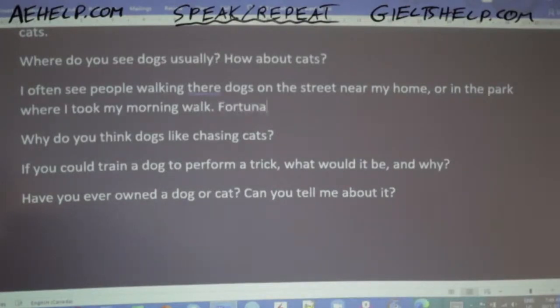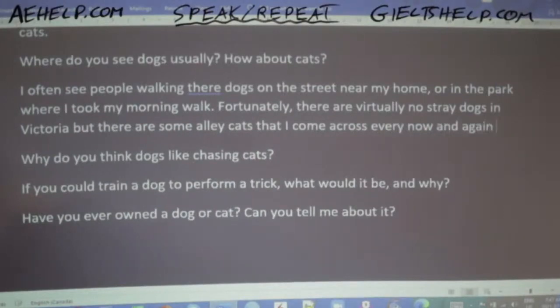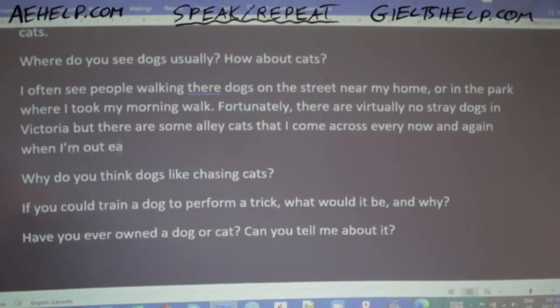Fortunately, there are virtually no stray dogs in Victoria, but there are some alley cats that I come across every now and again when I'm out early in the morning. Okay.